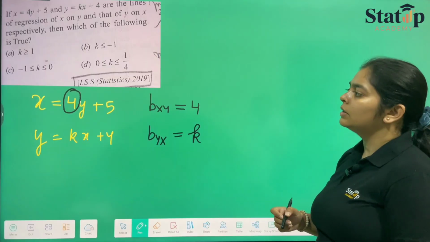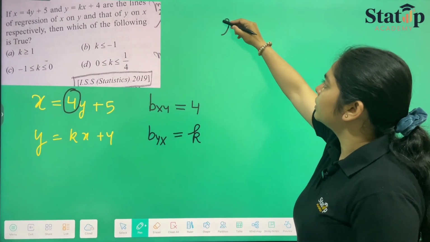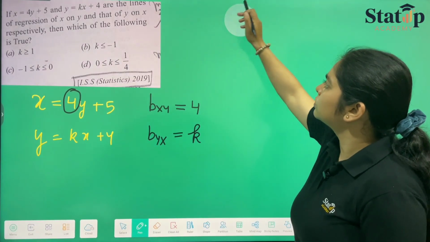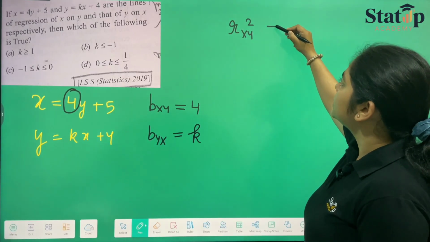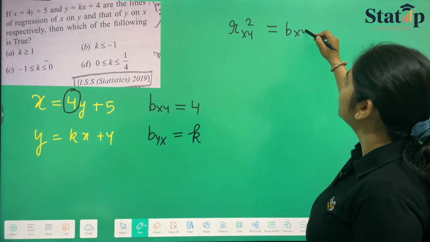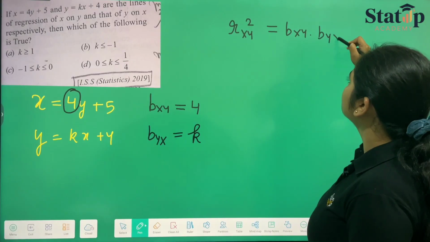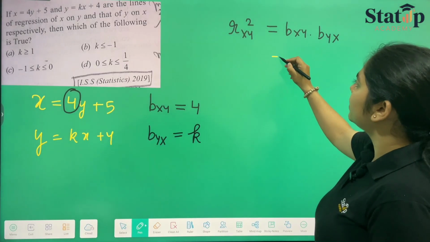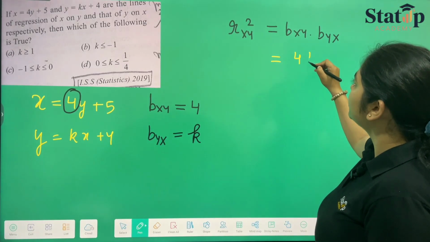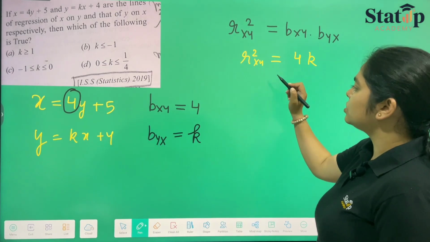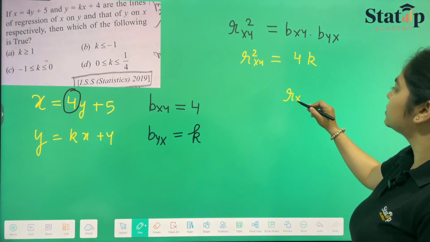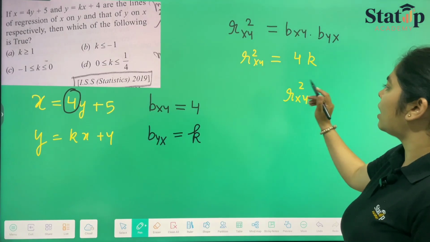Now we know that rxy square equals bxy into byx. So bxy into byx can be written as 4 into k, equal to rxy square.